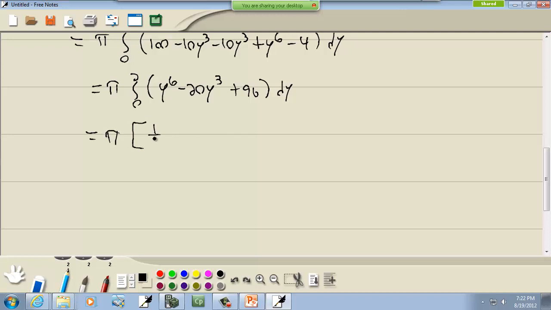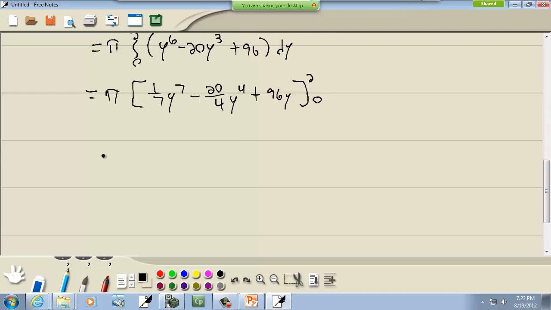Okay, add 1 to our power, divide by our new power, so y to the 6th becomes 1/7 y to the 7th, minus, add 1 to our power, divide by our new power, so minus 20 over 4 y to the 4th, plus 96y. We don't need to plug 0 in, that's not going to do anything, so I just plug the 2 in.